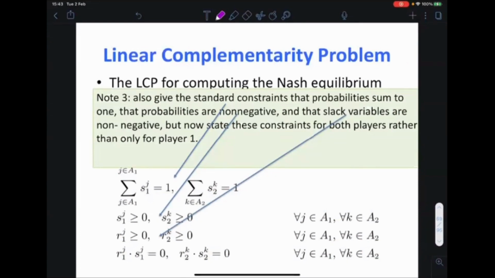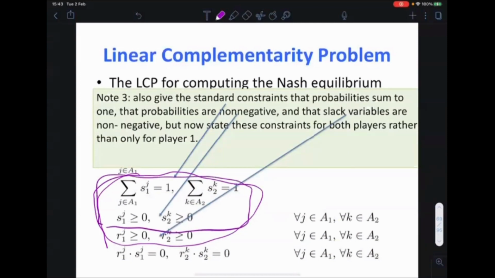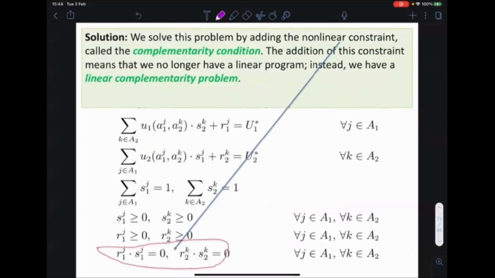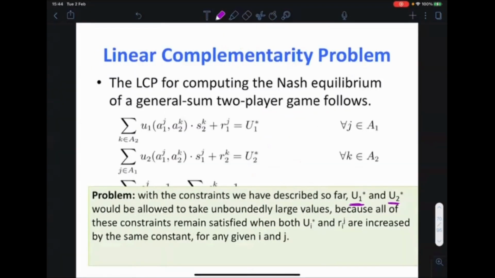These are the standard constraints that make sure these are probabilities. But here is a constraint that the slack variable has to be larger than or equal to 0. The problem with the constraints we have described so far is that we got this upper bound U1 star and U2 star, and if you just look at this without the additional constraint we enforced, the solution wouldn't be unique.